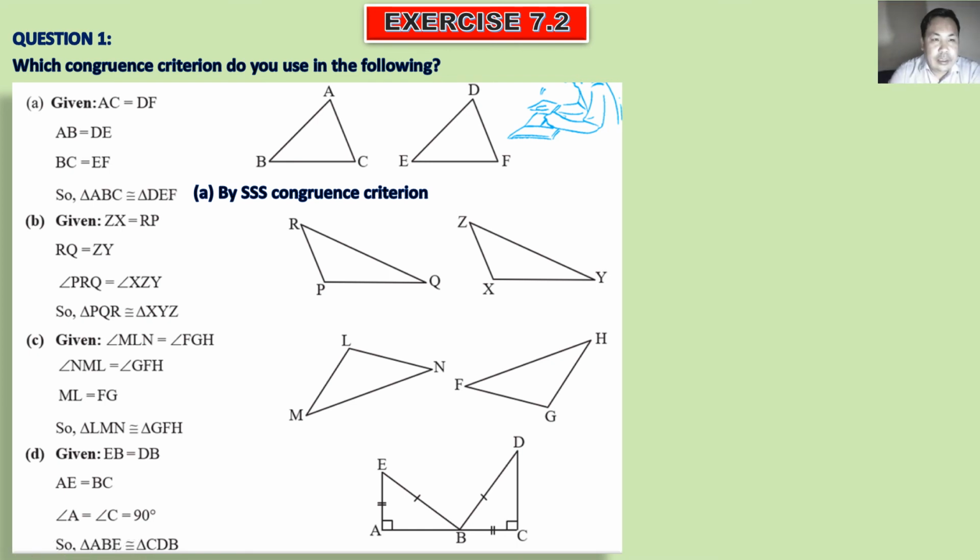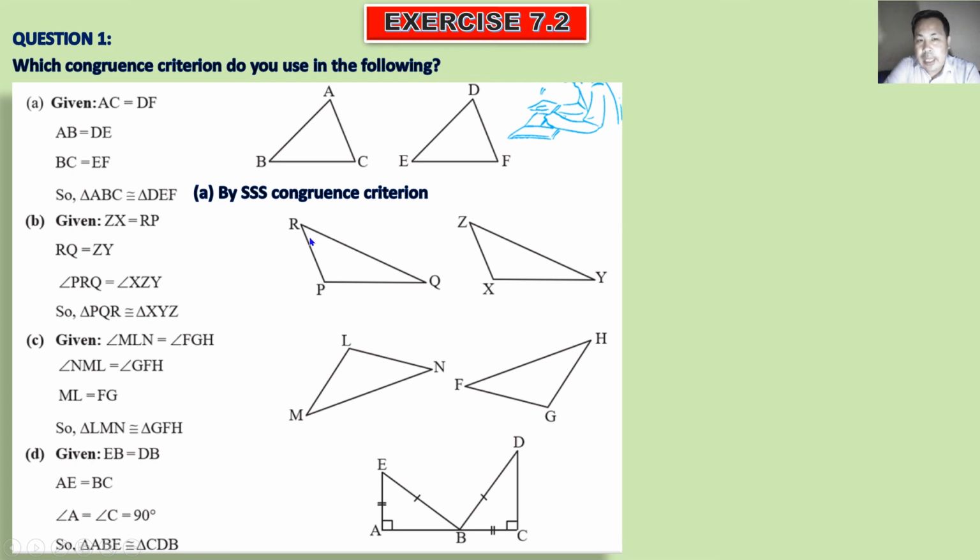So in B, two corresponding sides are equal, isn't it? That means two sides of a triangle are equal to the two sides of the other triangle, and their included angles, angle R and angle Z, are the included angles.